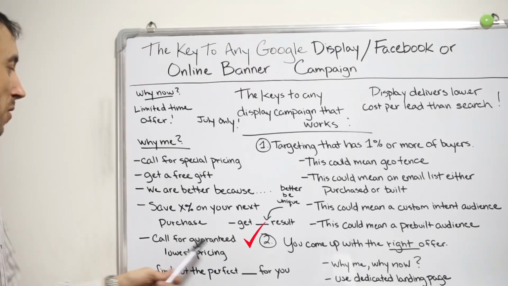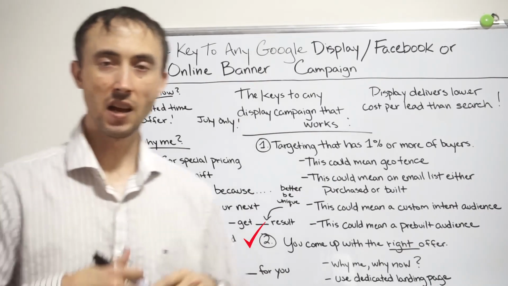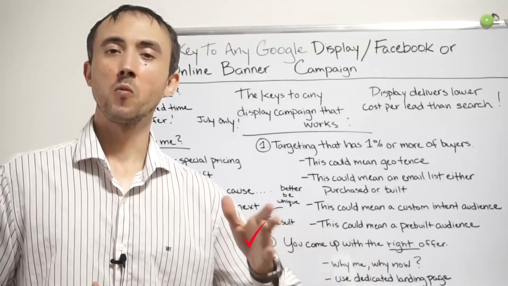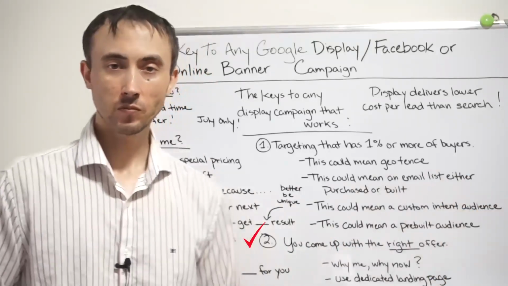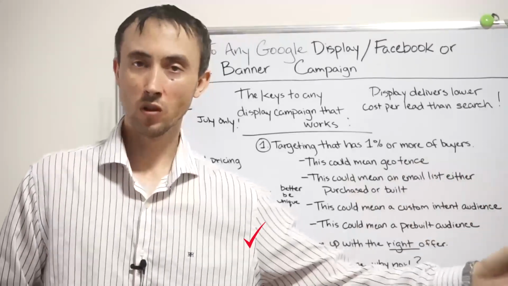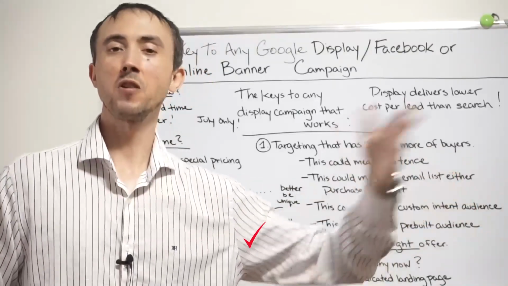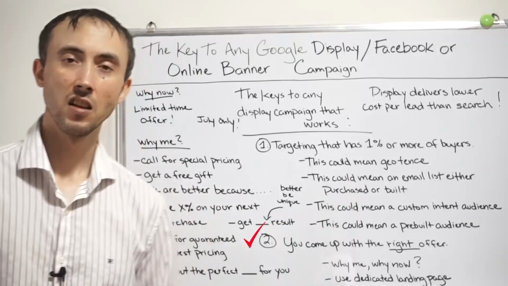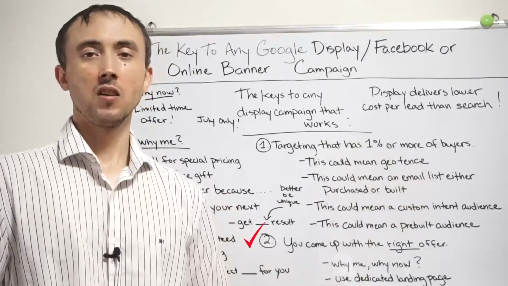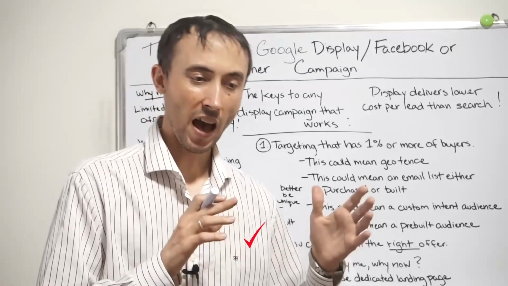You can also say call for guaranteed lowest pricing. I mentioned on this channel before we had a person, going back to the loans, with home loans, reverse mortgages, and other types of home loans actually. This person had low rates.